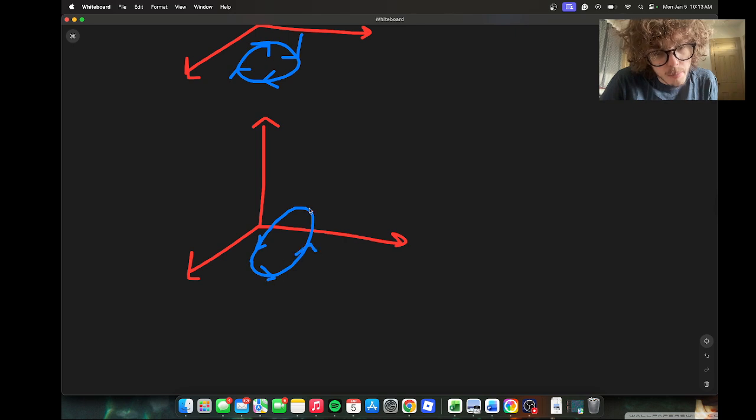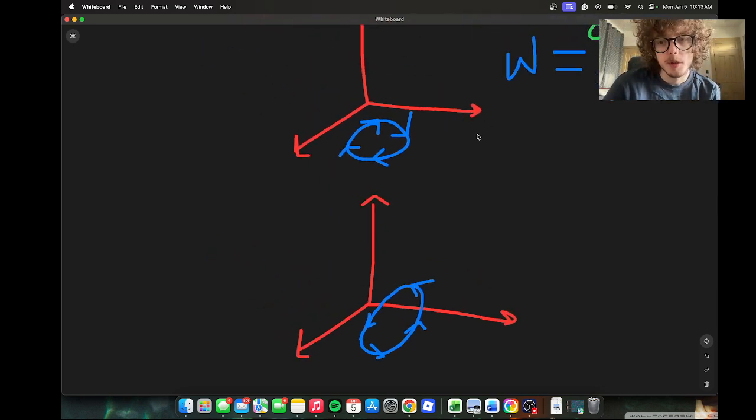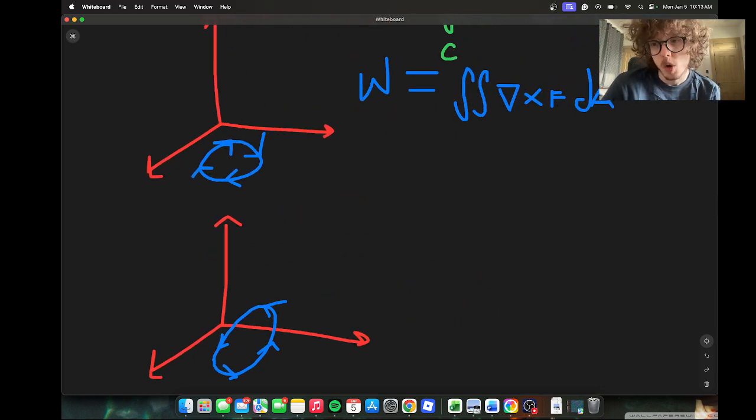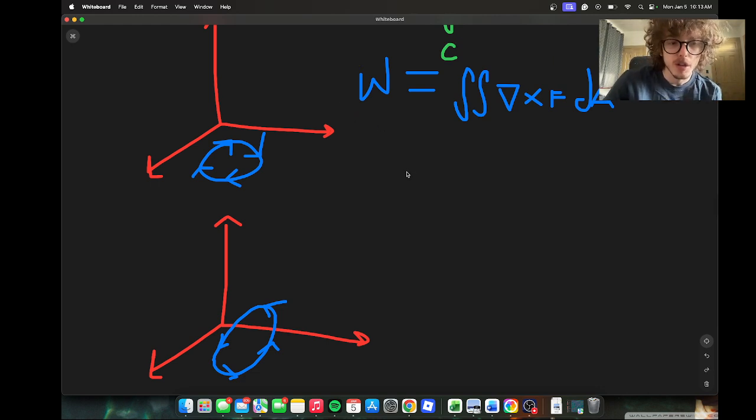And it goes up and around. And just for clarity, this little section is lifted, where this is just touching the xy plane. So hopefully you can see what I'm trying to do there. But now the question becomes, does Green's theorem hold? Is this true? Well, the answer is no.